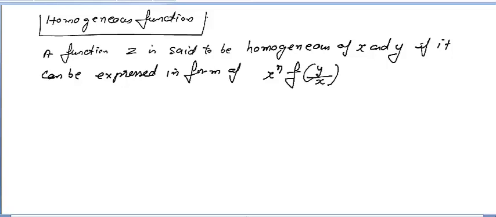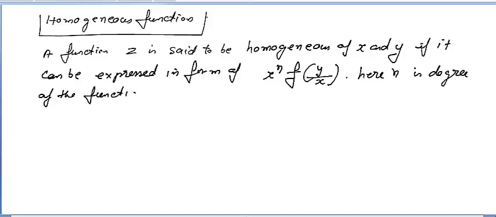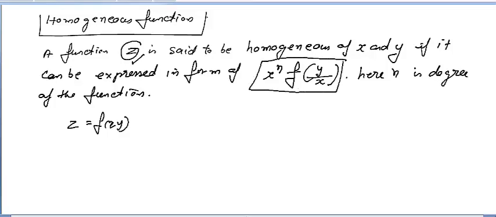Here n is very important, n is the degree of the function. So, a very simple definition. Any function, like you have any function z depending upon x and y, if you can convert this function into this form, then it is known as a homogeneous function.